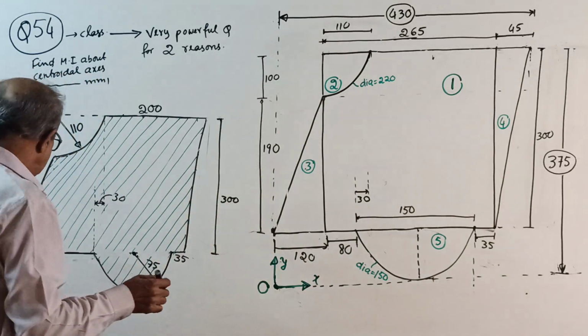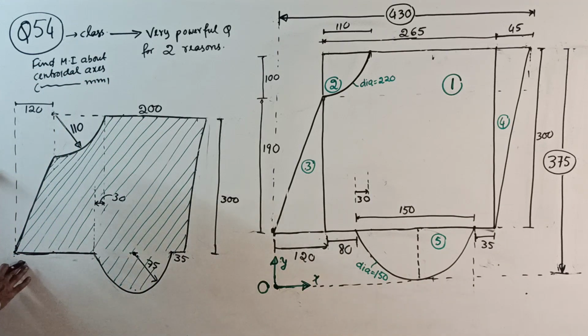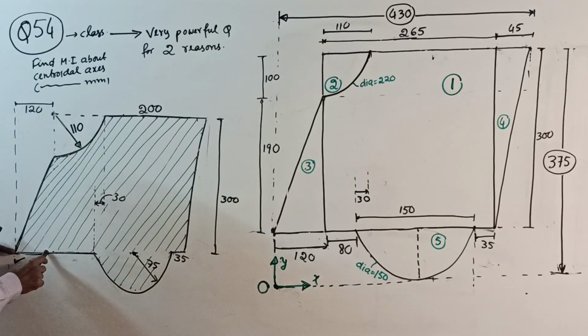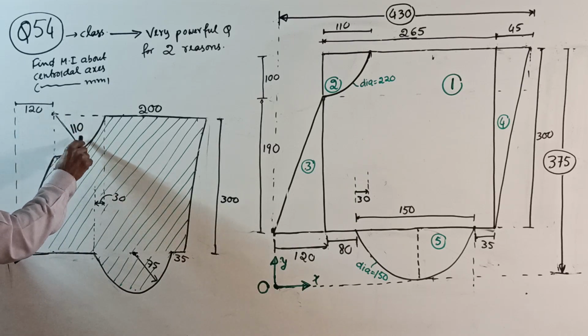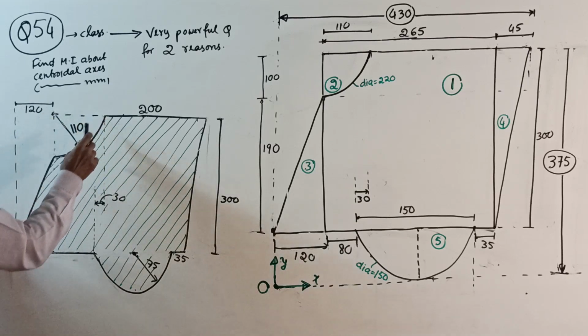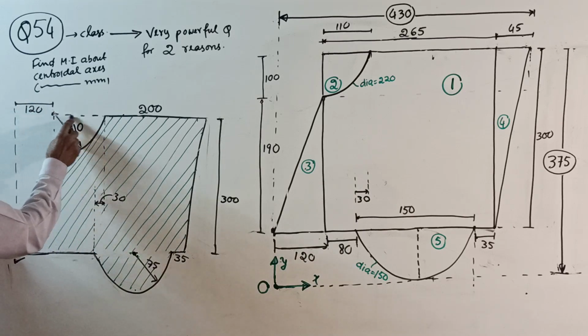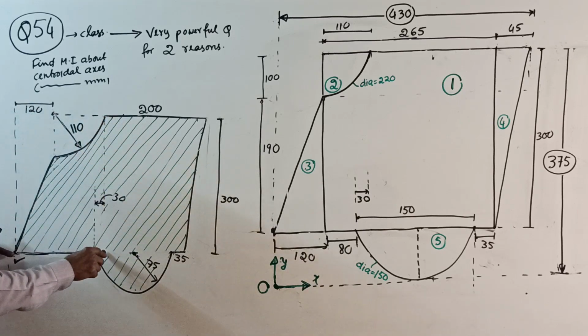What I will do is start from this right point. Then from here I will go right side up to here. How to go up to here? This is 120 given, so you go by 120. Further, this radius given is 110, so further by 110. But when you go by 120 and 110, you reach this level somewhere here.